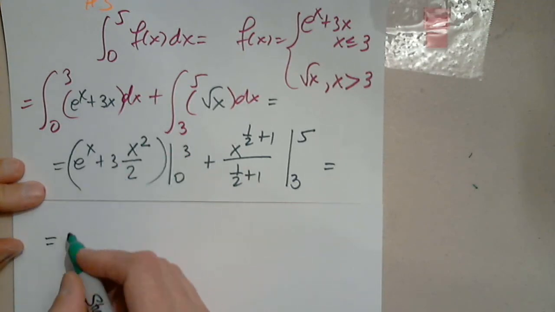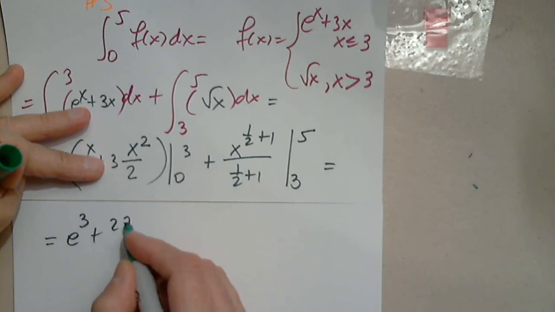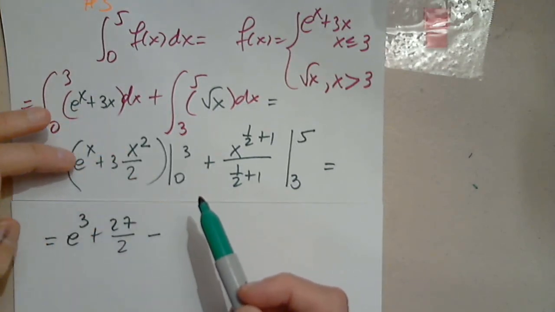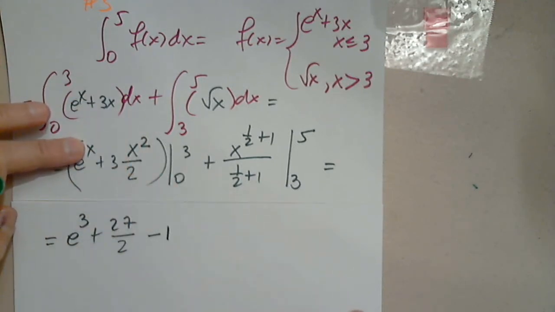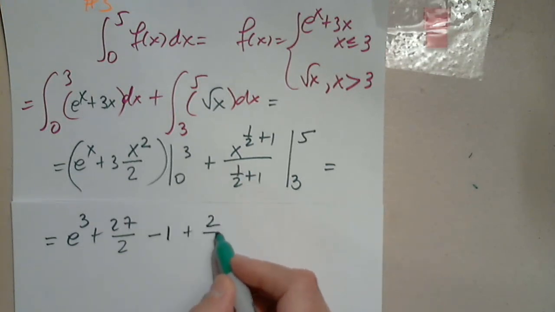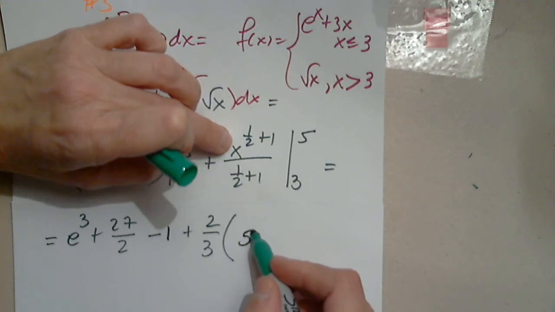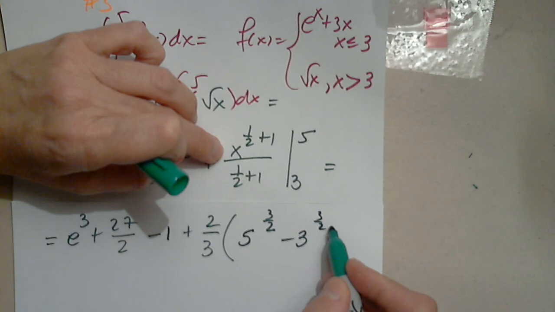When I plug in 3, I get e to the third plus 9 times 3, 27 over 2, minus, I can assume this is 0, but e to 0 is 1. Now this is 3/2, and I have to flip that. So then I have 5 to 3/2 minus 3 to 3/2.